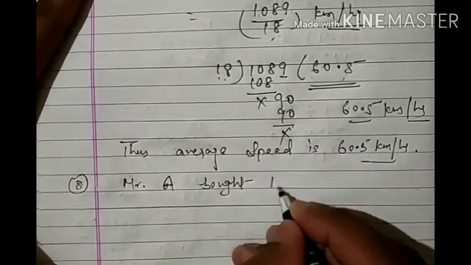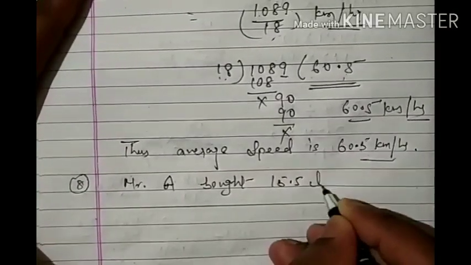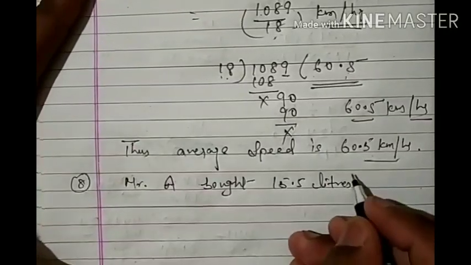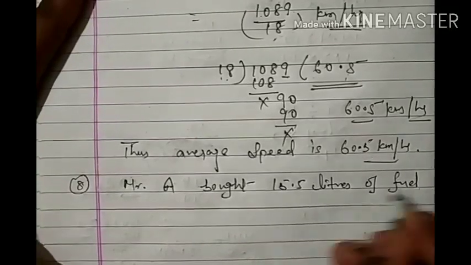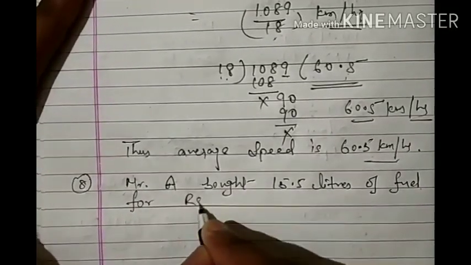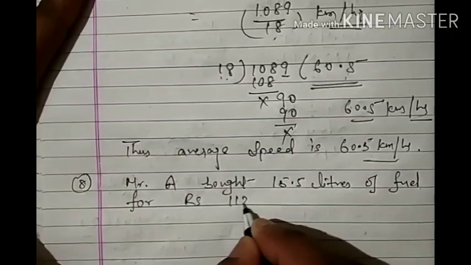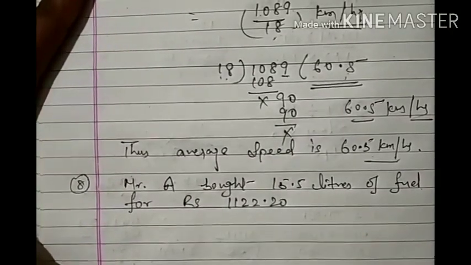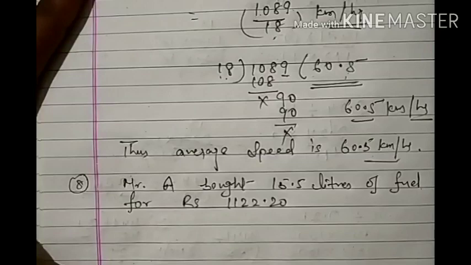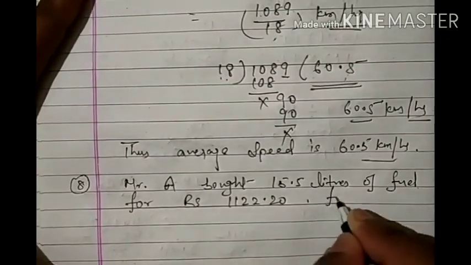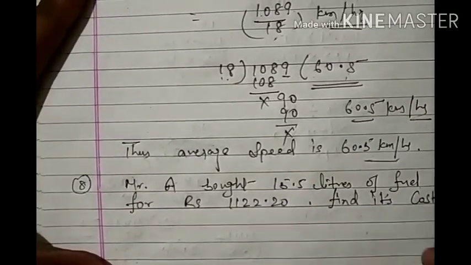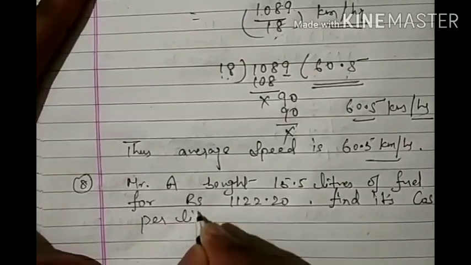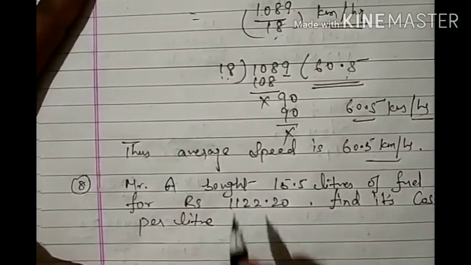Mr. A bought 15.5 liters of fuel for rupees 1122.20. Find its cost per liter.